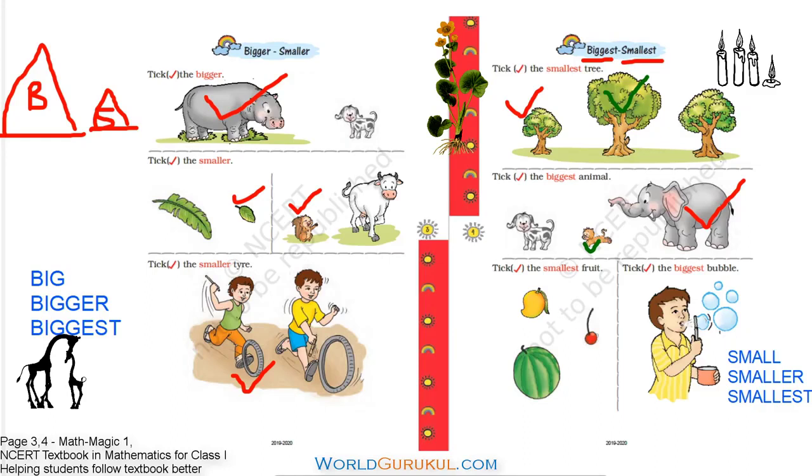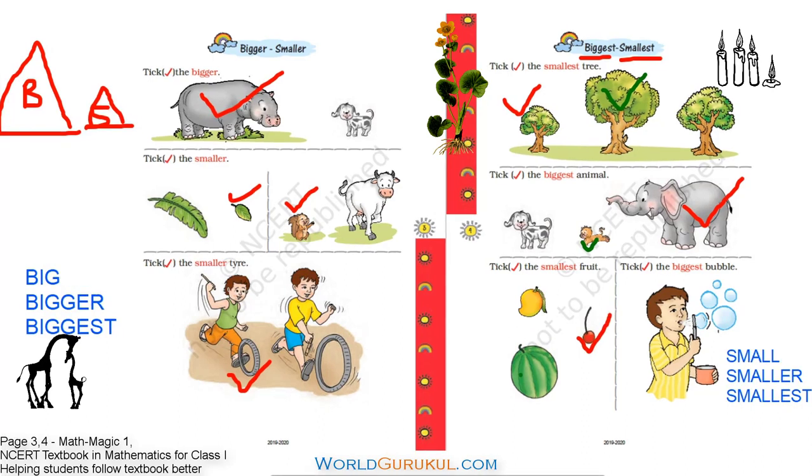The cherry is the smallest fruit here. So tick here. This is the smallest. So which is the biggest fruit in these three? It is the watermelon. So this is biggest. And cherry is the smallest fruit.